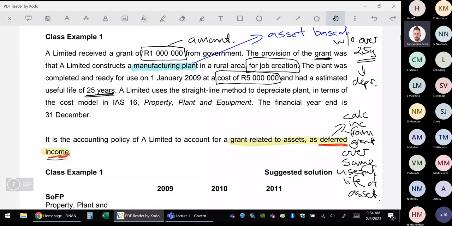So that means we will use the asset's cost, depreciate it over 25 years, and we will use the deferred grant income, that million of the grant, and we will calculate the income from the grant and defer it over 25 years, the same useful life as the asset.